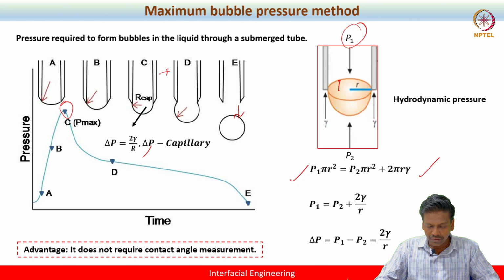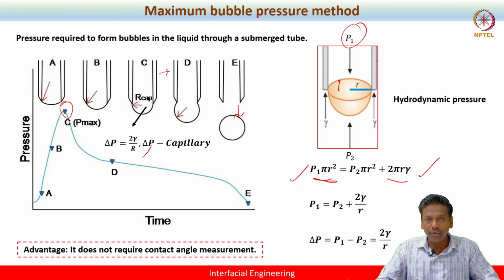in terms of this equation, which is P1 into pi r squared, because pressure acts on the top side, so the area is pi r squared. On the other side, pressure acts from the bottom, which is P2 pi r squared.